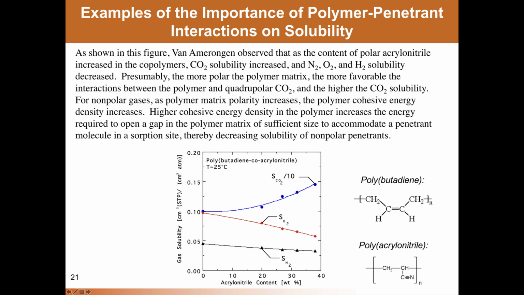On the other hand, the solubility of carbon dioxide, and this is the solubility of CO2 divided by 10, it actually would be 10 times higher than the value shown here. It would be off the scale. Solubility of CO2 actually increases as the acrylonitrile content goes up, because CO2 can undergo a dipole-quadrupole interaction with these polar groups that is favorable and enhances CO2 solubility above and beyond what would be expected just based on the increased cohesion between the polymer chains.